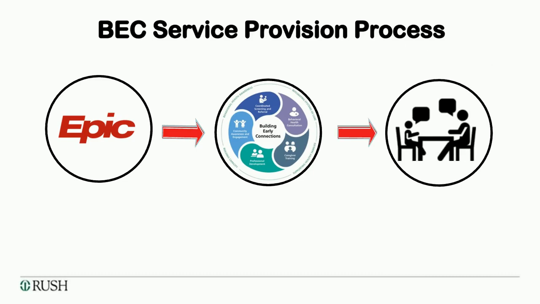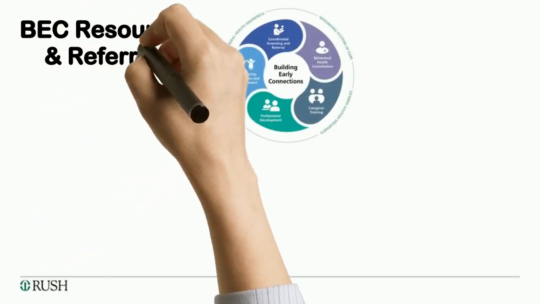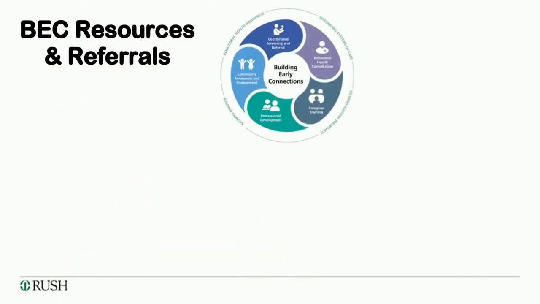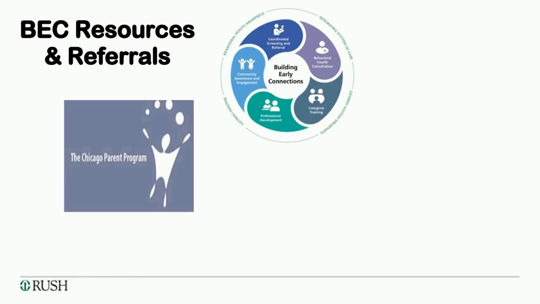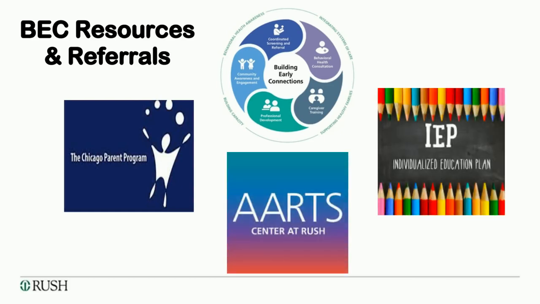The caregiver may engage in 1 to 6 brief intervention sessions to address presenting concerns and receive psychoeducation. Depending on the family's need, the BEC clinician may also facilitate additional referrals. This may include parent management training groups, diagnostic evaluations, or IEP services.